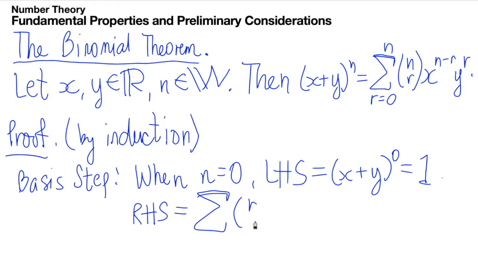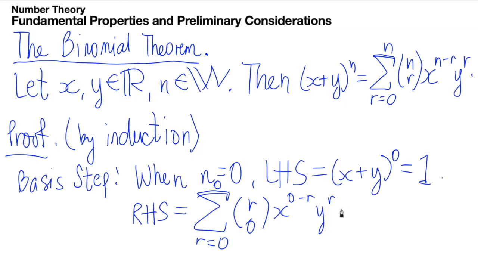Our r has its highest value, 0. So r runs from 0 to 0, and we have n choose r, x raised to 0 minus r, y raised to r.